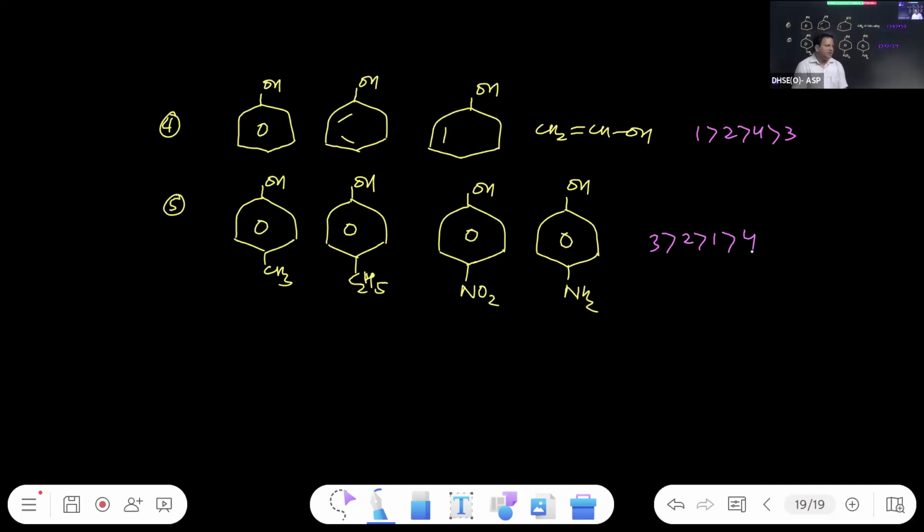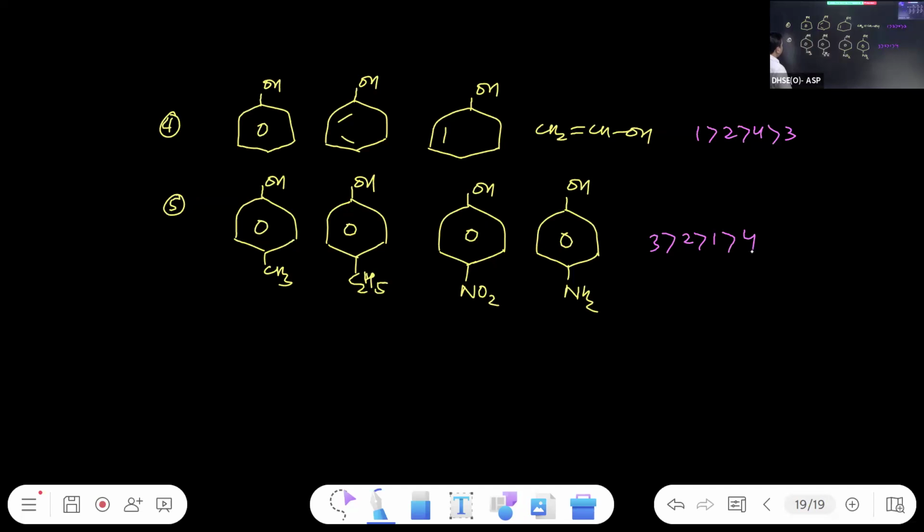So phenol will have the most resonance structures. Then there is a double bond, but it will not give resonance structures because the pi bond is not in conjugation, and the last is vinyl alcohol. Vinyl alcohol shows resonance, but in one case resonance will not occur.